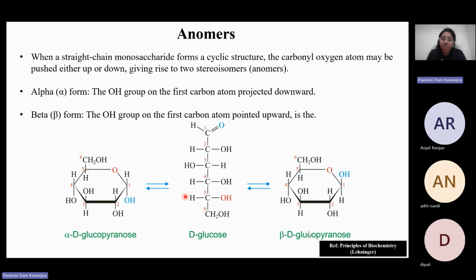So that cyclic structure can still form. It's not that it will not form. It is only enhanced when there is light because it has to polarize the light, so it will try to form a cyclic structure. I hope I made some sense.